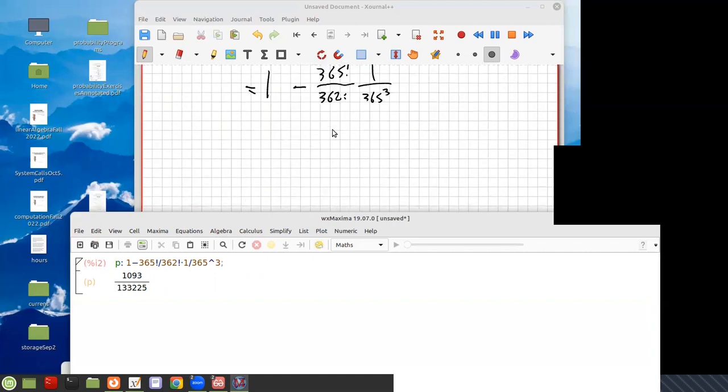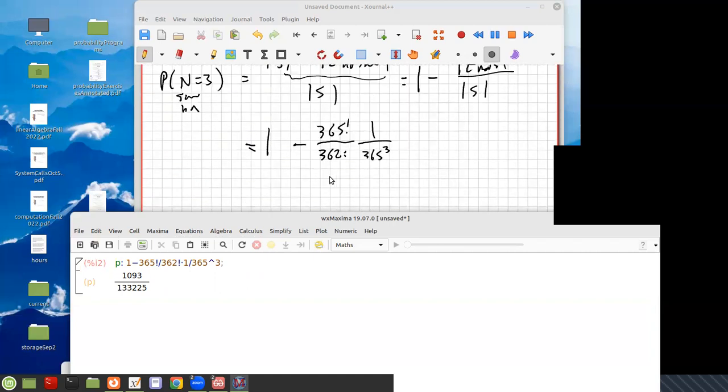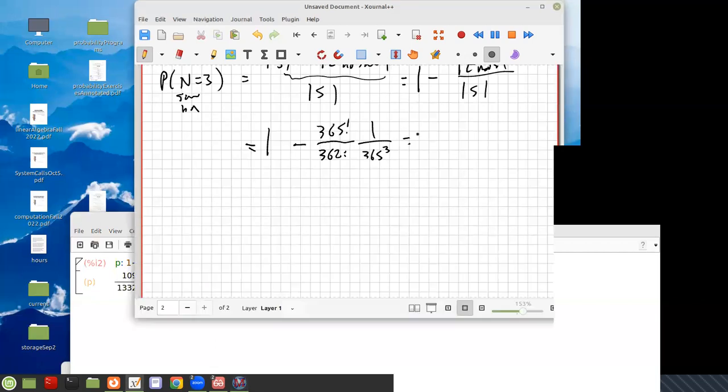If I write this out explicitly, this is going to be 1 minus 365, 364, 363 over 365 times 365 times 365, and let me clean that up a little bit so I'm not being completely illegible.